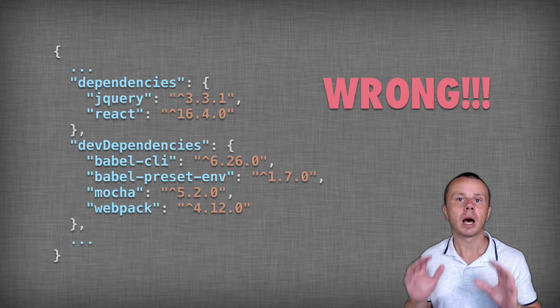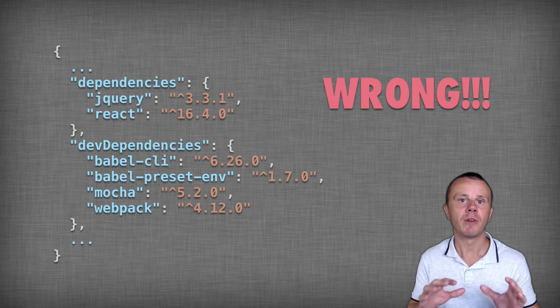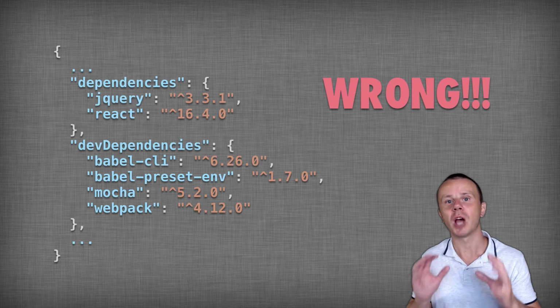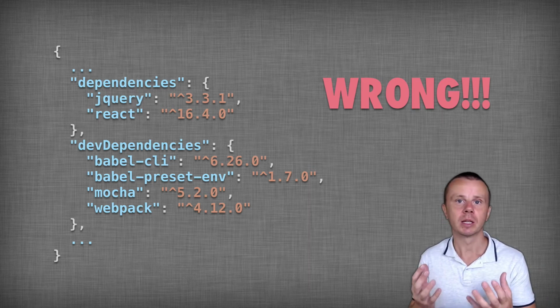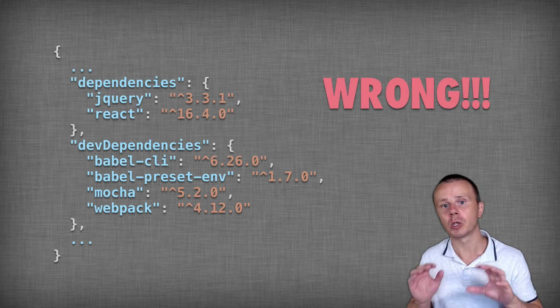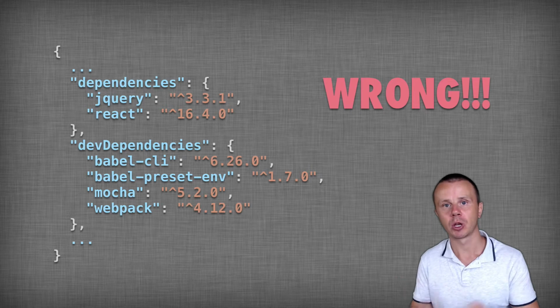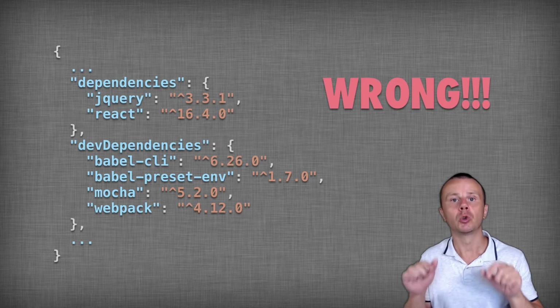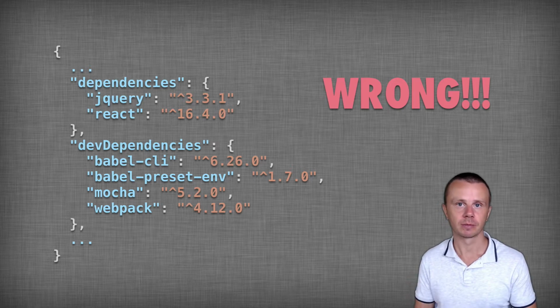The browser does not understand development dependencies or dependencies. It uses just the JavaScript files that you serve to this browser. And if you use functionality of the jQuery package or React package, then you need to include this functionality into your JavaScript files.